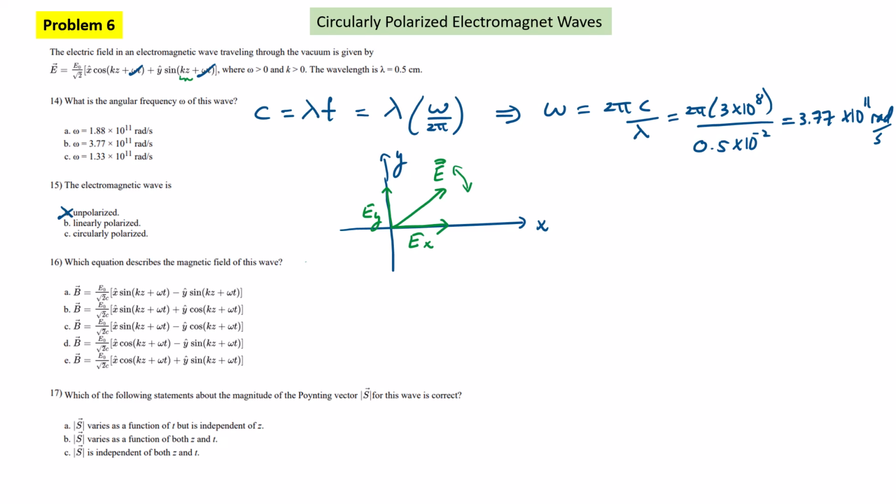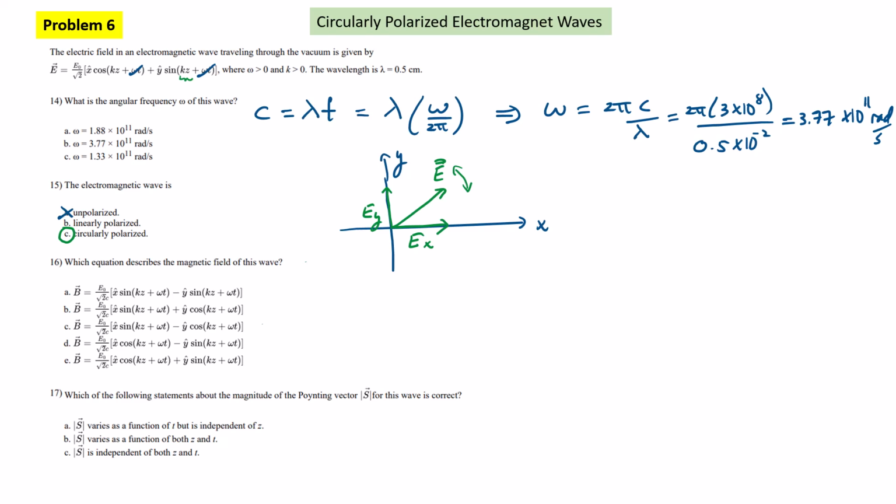That corresponds to something called circularly polarized light. This vector will rotate around in this xy plane as I move in and out along the z coordinate. So that one is a little trickier than what we've done for linearly polarized light, but that is the argument.